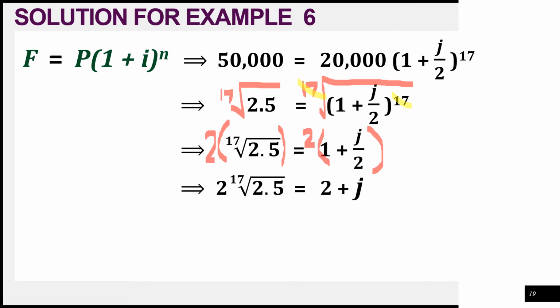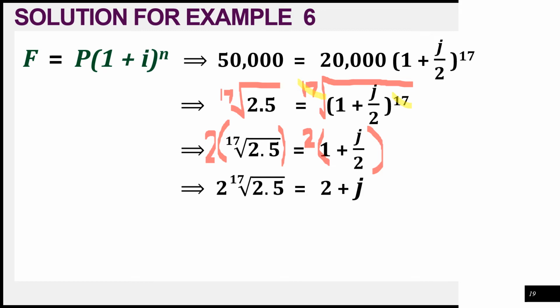This is the answer. 2 times the 17th root of 2.5 equals, since we have here 2 multiplied to this side of the equation which has 2 terms, then we have 2 times 1 is 2 plus 2 times j over 2. All we have to do is just to cancel 2 and 2. That's why we have only j left.